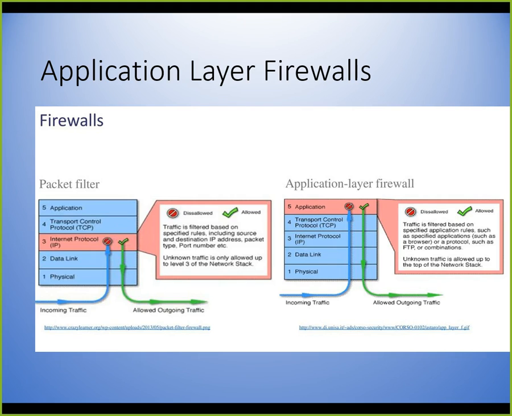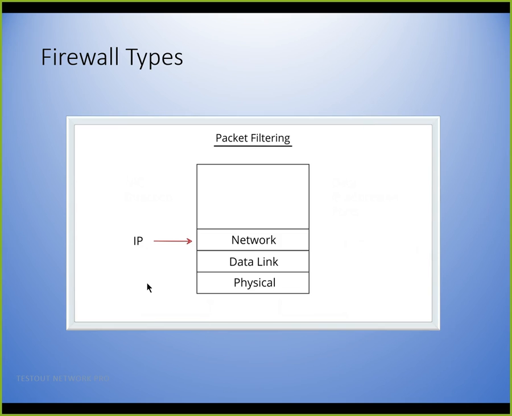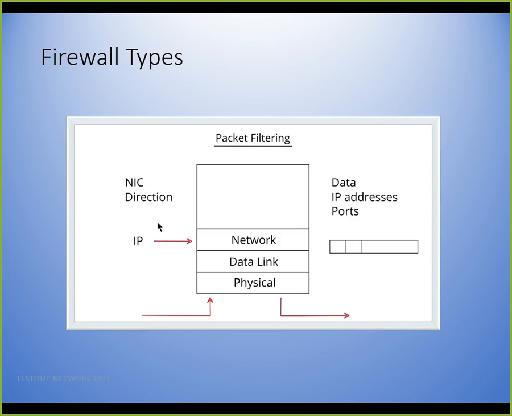So the sophistication and the cost are obviously going to be higher, but the protection is also going to be higher with these things. Unknown traffic is allowed up to the top of the network stack with these things. So how much traffic are we going to allow? Packet filtering uses IP and TCP, the NIC, the direction, the IP address, and the ports, and that's why I say TCP.